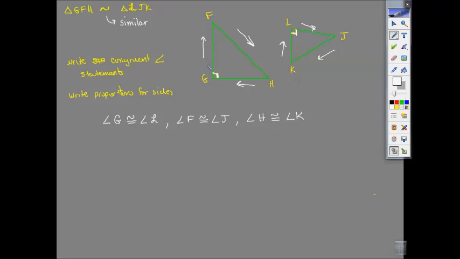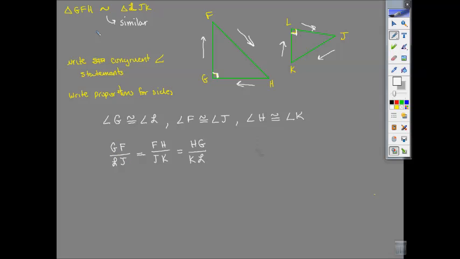So I'm going to have GF is my first side. And I'm going to start with the same angle that's congruent, so L, and I'm going to go LJ. And that is going to be equal to FH over JK, and then HG over KL.